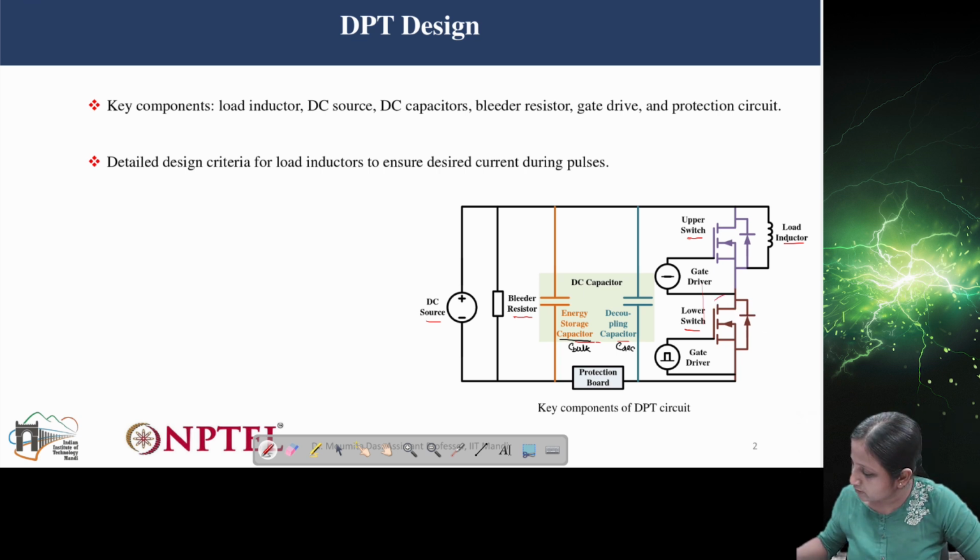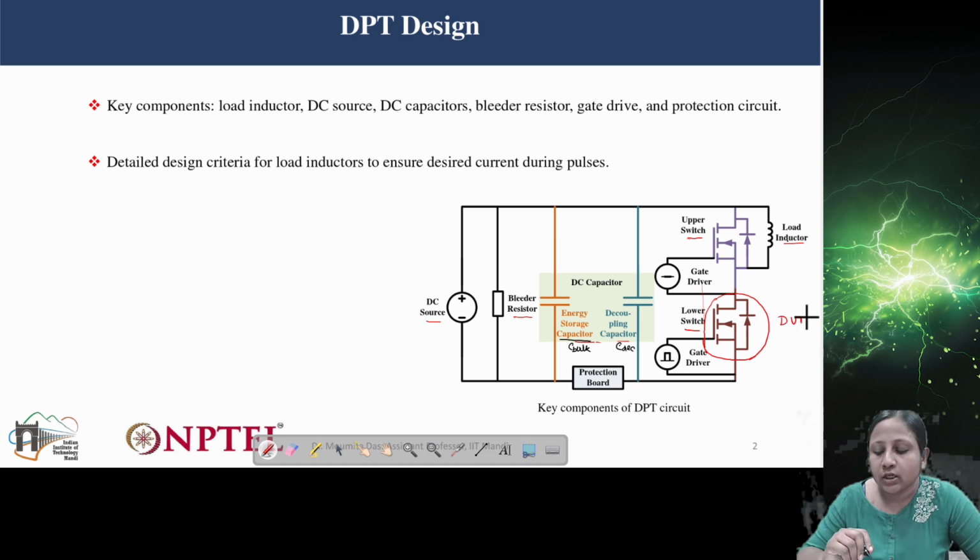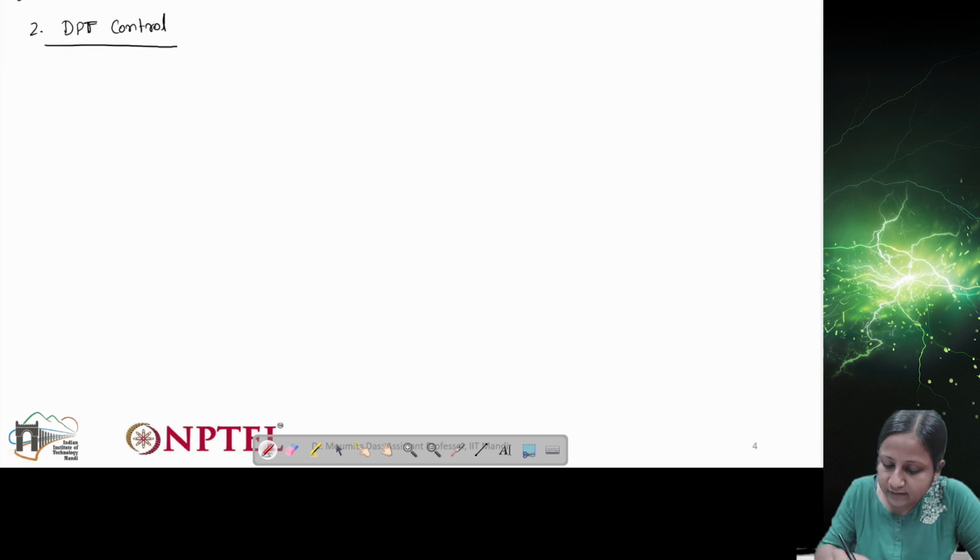Okay. If this is the case, then how should the switching signal look? The switching signal for this DPT control should look like this.